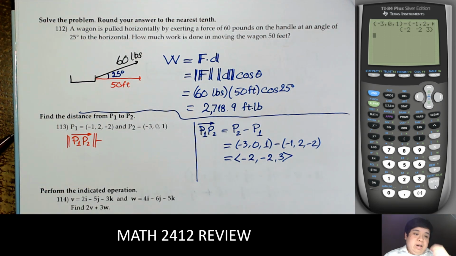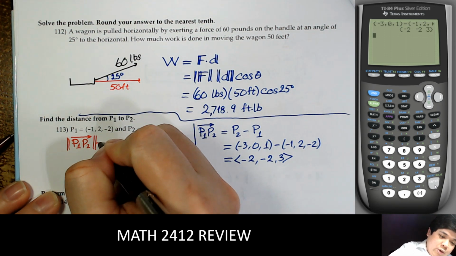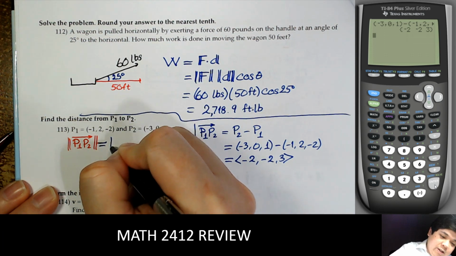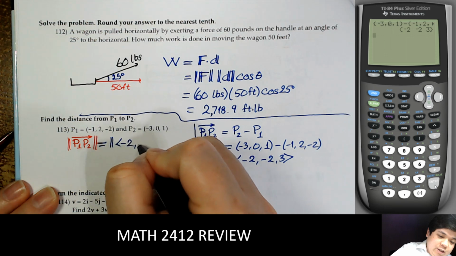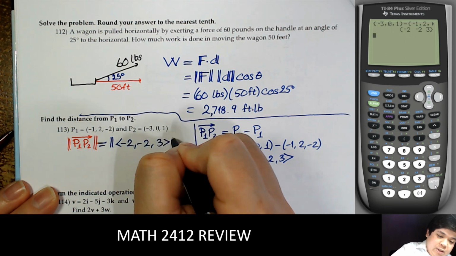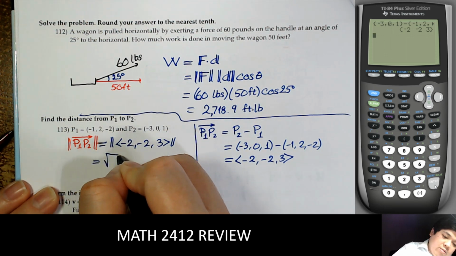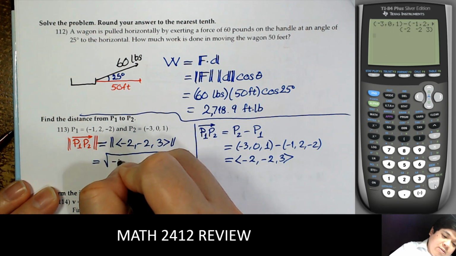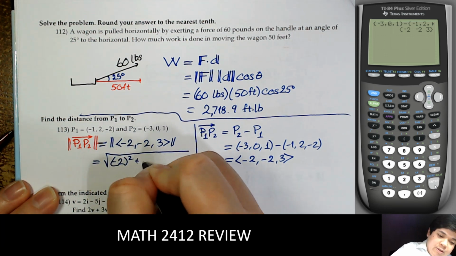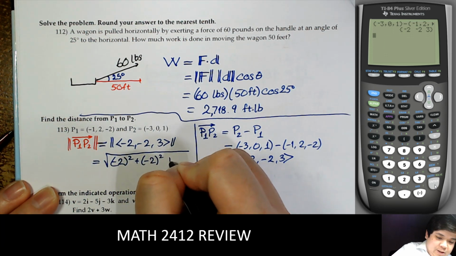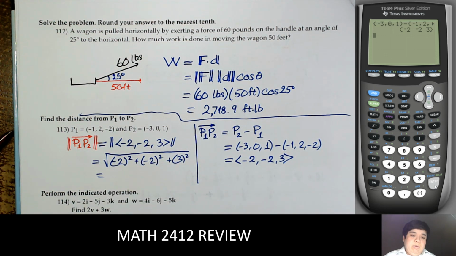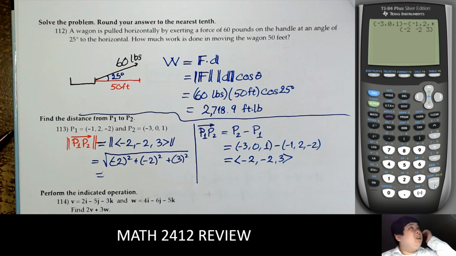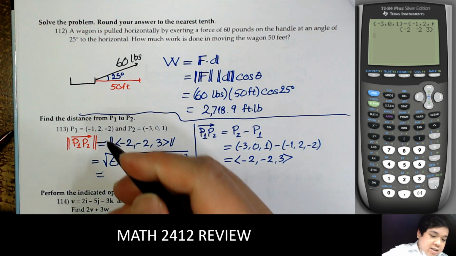We have negative 2, negative 2, and 3. So we have the magnitude of the vector negative 2, negative 2, 3, using the Pythagorean theorem: the square root of 17.